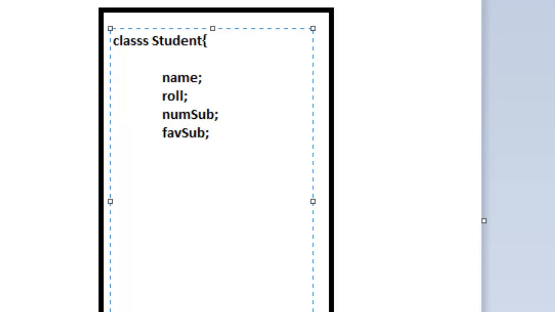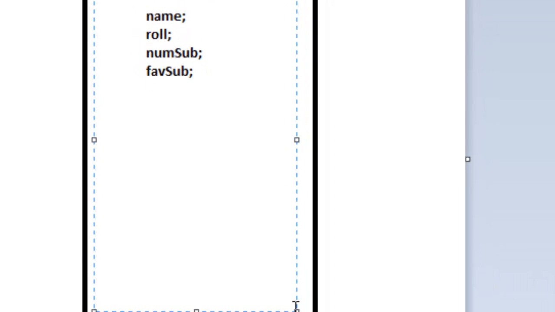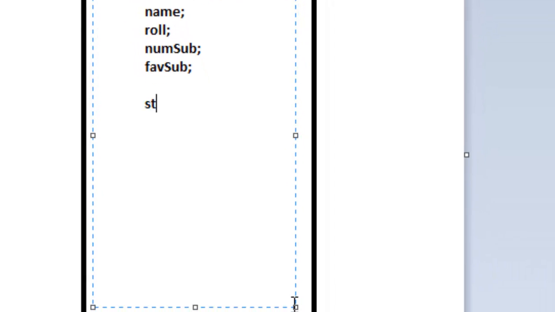Now we have the methods. The student can study, the student can play, and the student can draw.